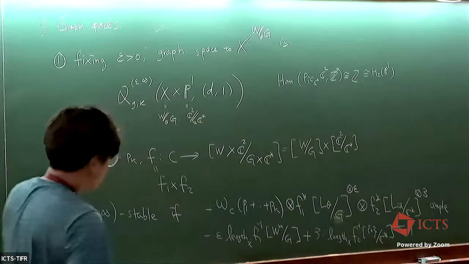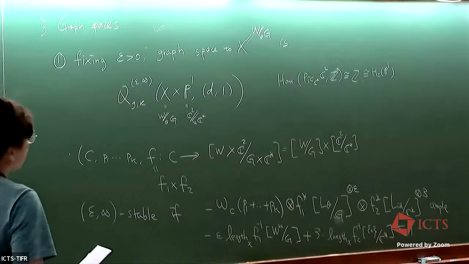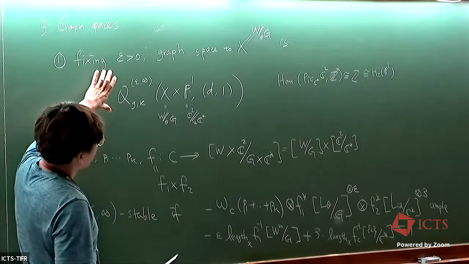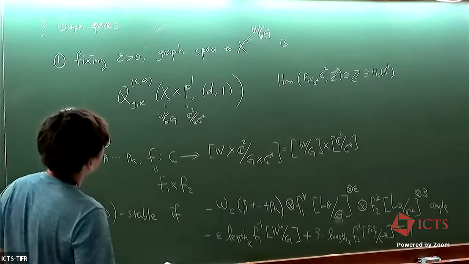If it satisfies these two conditions, we say this object is stable, and we collect them to define this graph space.